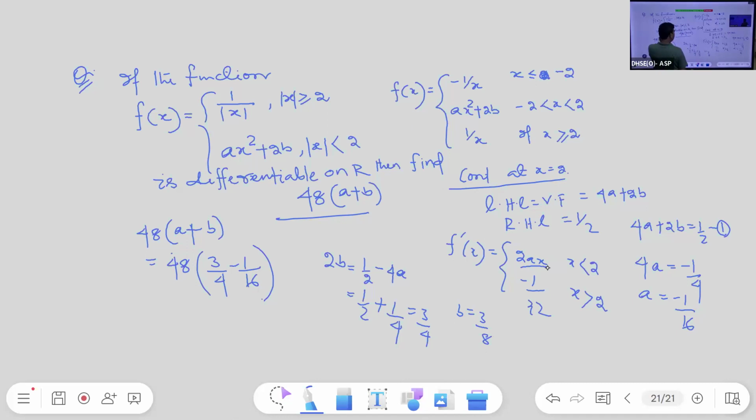So 4a plus 2b is equal to 1 by 2, so 2b is equal to 1 by 2 minus 4a. 4a is minus 1 by 4, so 1 by 2 plus 1 by 4 is 3 by 4. 2b is equal to 3 by 4, so b is equal to 3 by 8. Sorry, not 3 by 4, but 3 by 8. Then 48 into 6 minus 1 is 5 by 16. 16 times 3 is 48, 5 times 3 is 15. This is the answer.